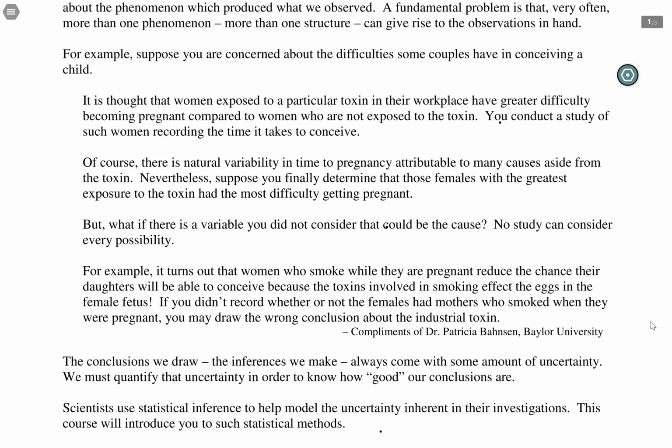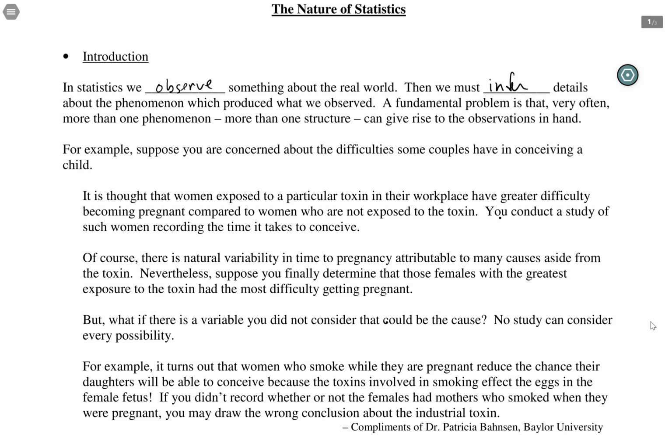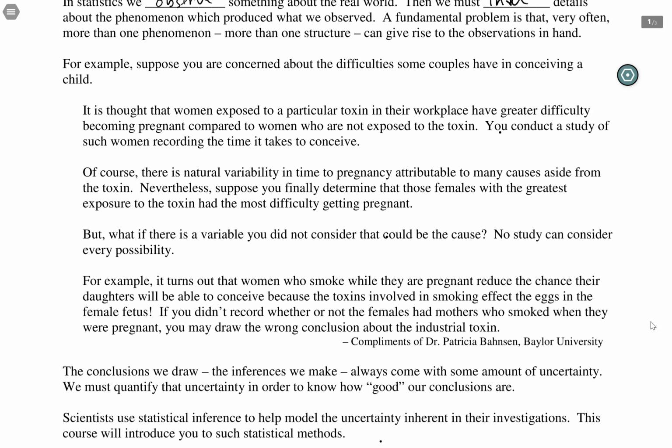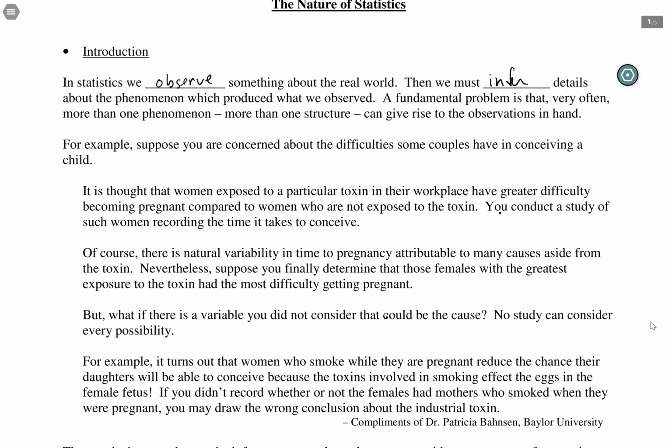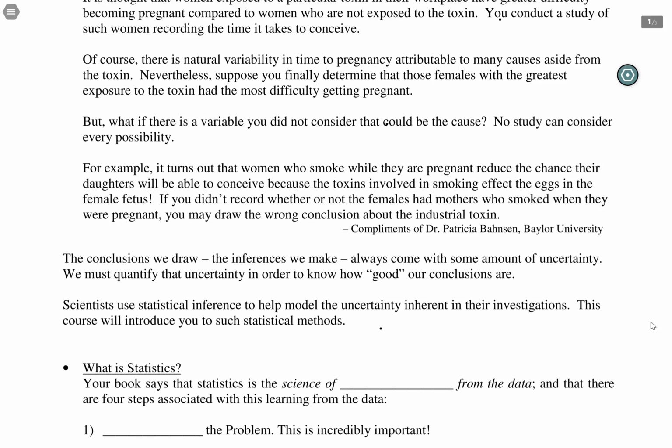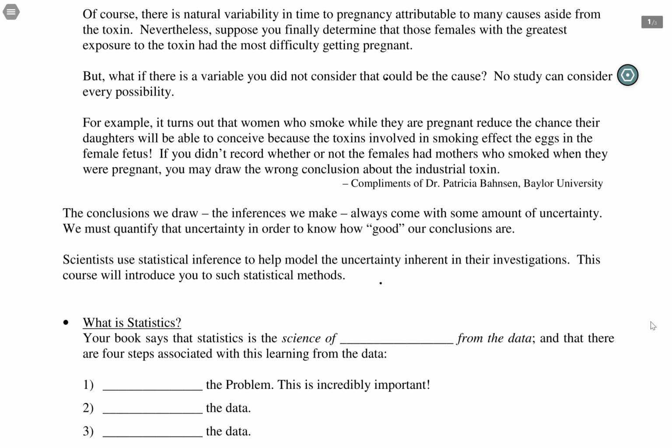So this just kind of gives you a sense of some things that we run into in statistics. Setting up a study is important. Knowing what you're going to observe is important. But in particular, what we want to do in statistics is we want to draw conclusions from the data. And these are inferences that we make.